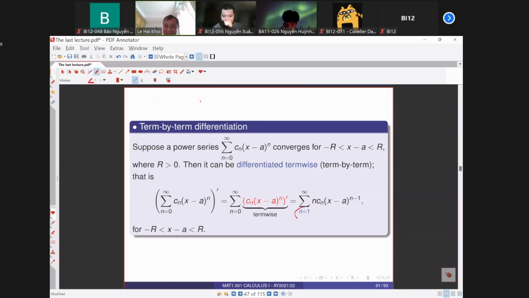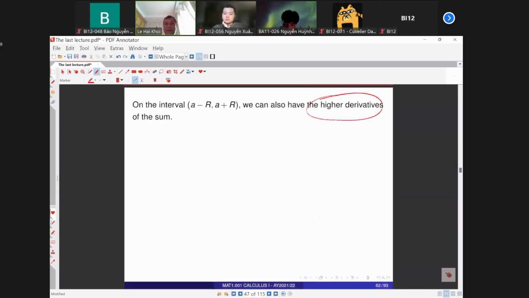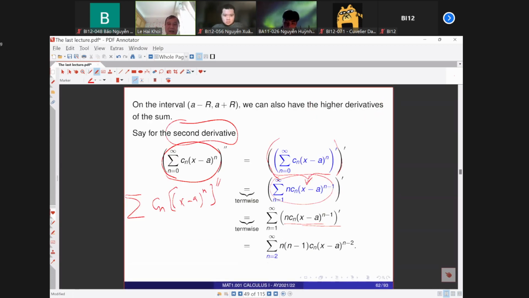That n runs from 1, not from 0, because this series starts from C0, C1 (x minus a), etc. This is a constant. Its derivative is 0, which means you don't have the term with n equal to 0. So you start from n equal to 1. The same for here.